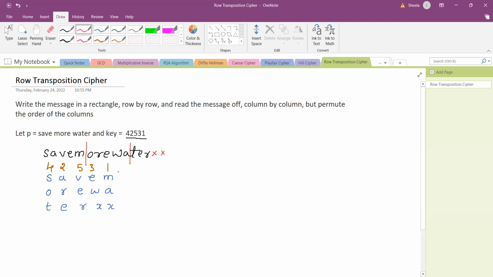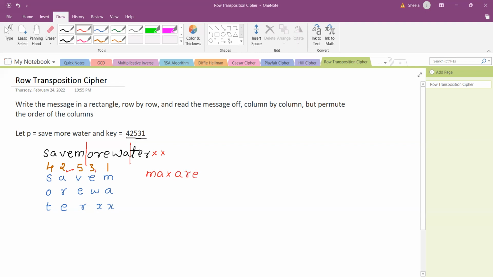Now while reading the message, I need to consider the first column. The first column is MAX, so first I write MAX, and the next column number is 2. In this column the elements are ARE. It is not AER, it is ARE.